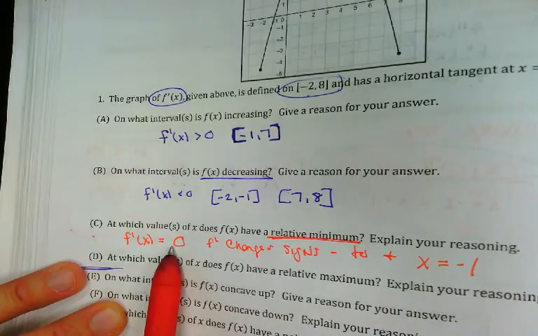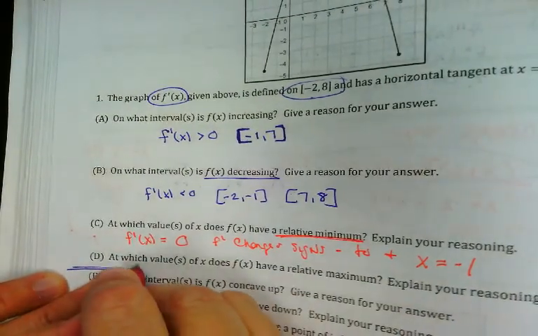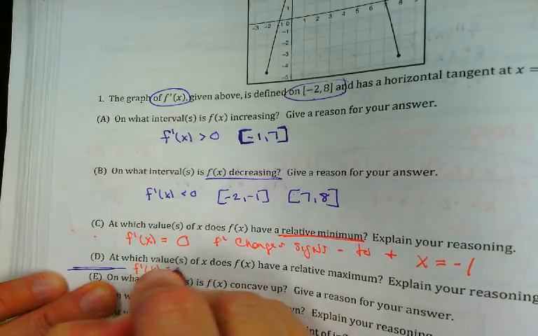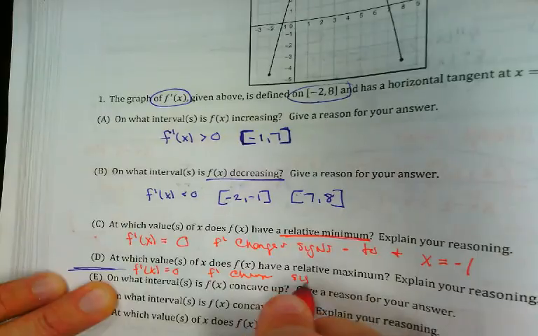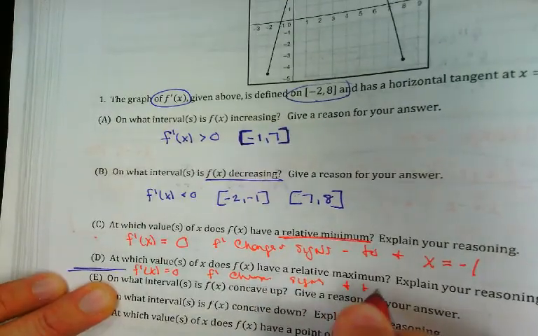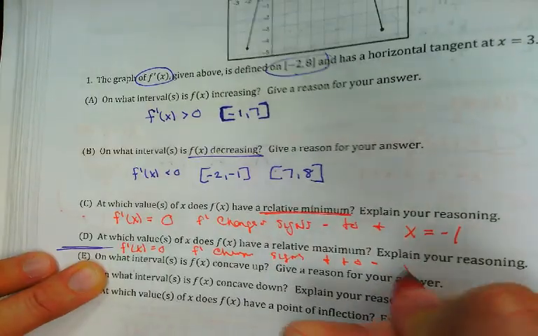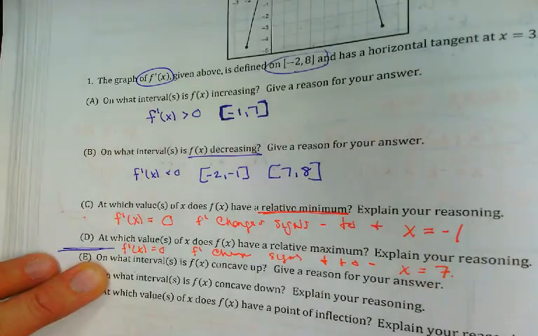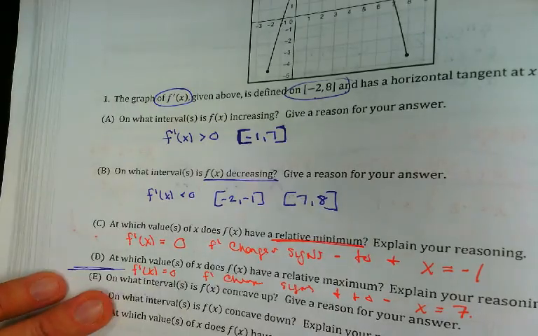We have to say it's a critical point first, and then f prime changes from negative to positive. For relative max, likewise, f prime has to equal 0, and this time f prime changes from positive to negative. Where would we say that value is? Good, x equals 7. Okay, so all 4 of those questions were about the first derivative.